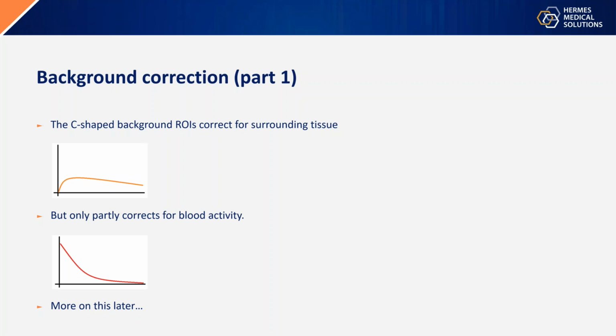But since the kidneys have a rather unique vasculature, they will not be identical to the surrounding tissue, and thus we will still have an undercorrection of the activity if we only use the C-shaped background. But more on this later. We're going to solve this issue further down the line. But as of now, we're stuck with only the C-shaped background regions.